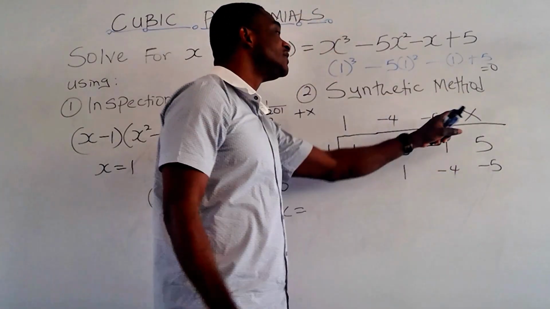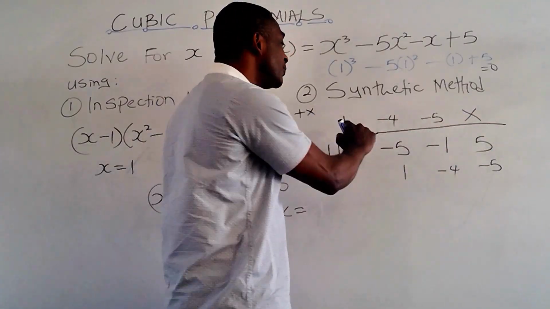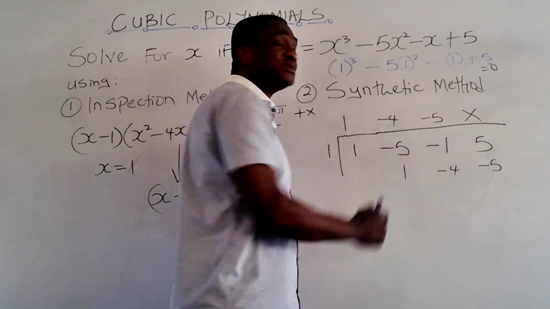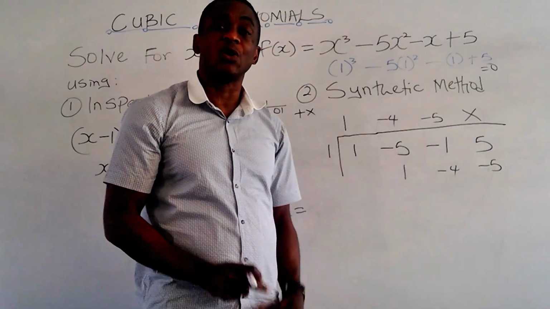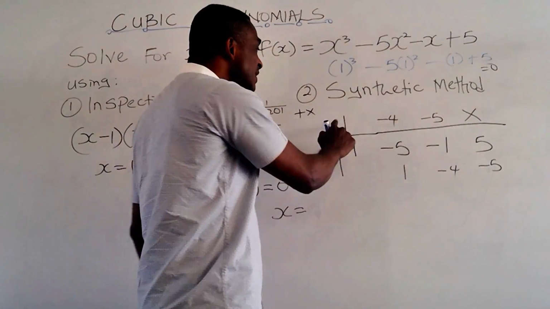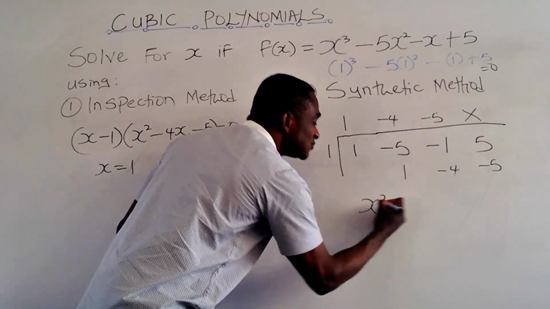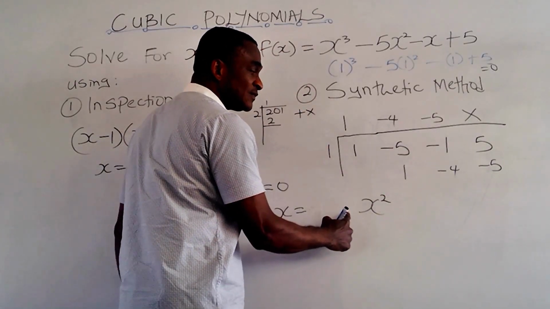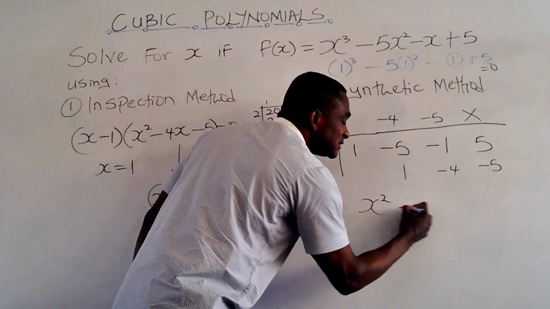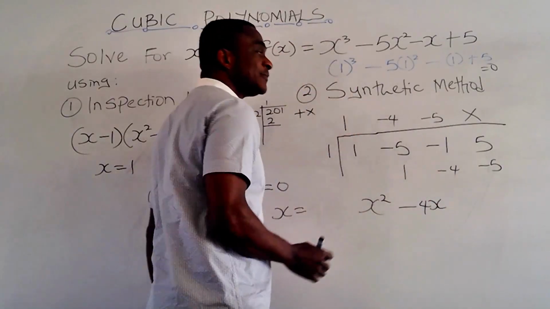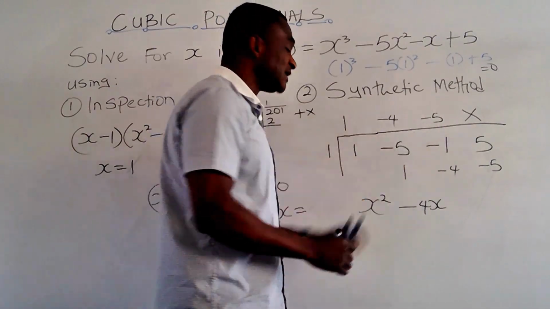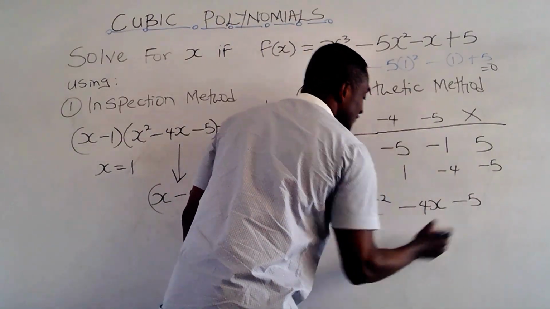This will always tell us that we are doing the right thing because we are supposed to arrive at 3 terms, which is a parabolic or quadratic function. So for the quadratic function, the coefficient of x squared will be 1, the coefficient of x will be -4, and the constant term will be -5.